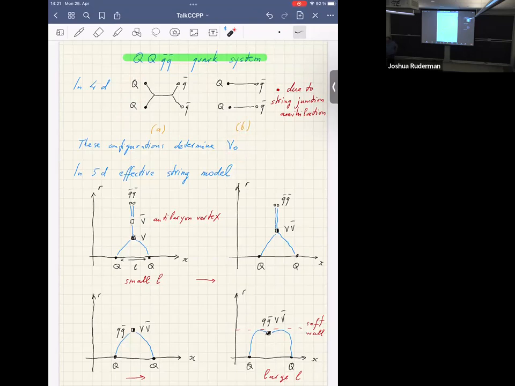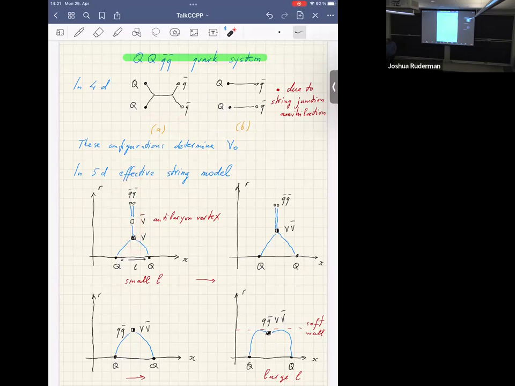Again, the picture of course becomes more complicated in 5 dimensions. Now we have 4 pieces, and for small L it's quite easy to see from this one everything in the interior except the heavy quarks, so it looks like that.